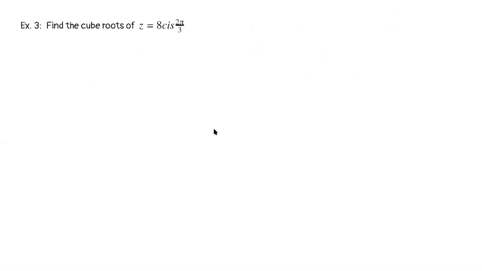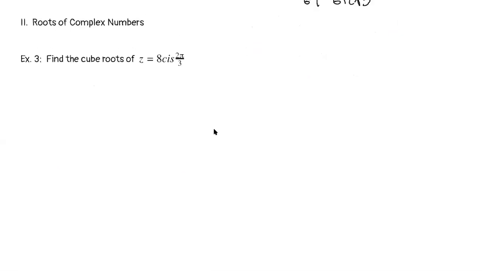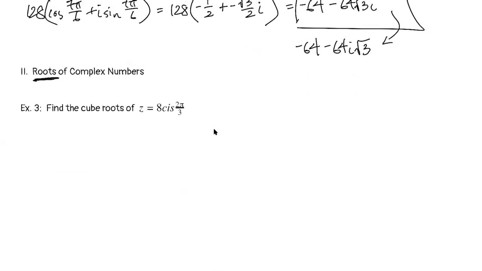Okay, so now instead of looking for powers, we're going to be looking for roots of complex numbers, okay? So when we are looking for roots of complex numbers, we have to read the question very carefully. Example 3 says find the cube root. Cube root means the root is 3, okay? What that means is we are going to have 3 answers.